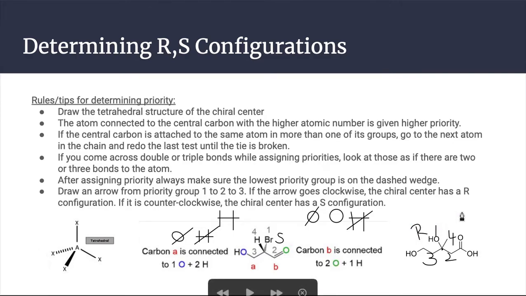There you go. Has a configuration of an R. So that's that. That's how you would determine configurations.